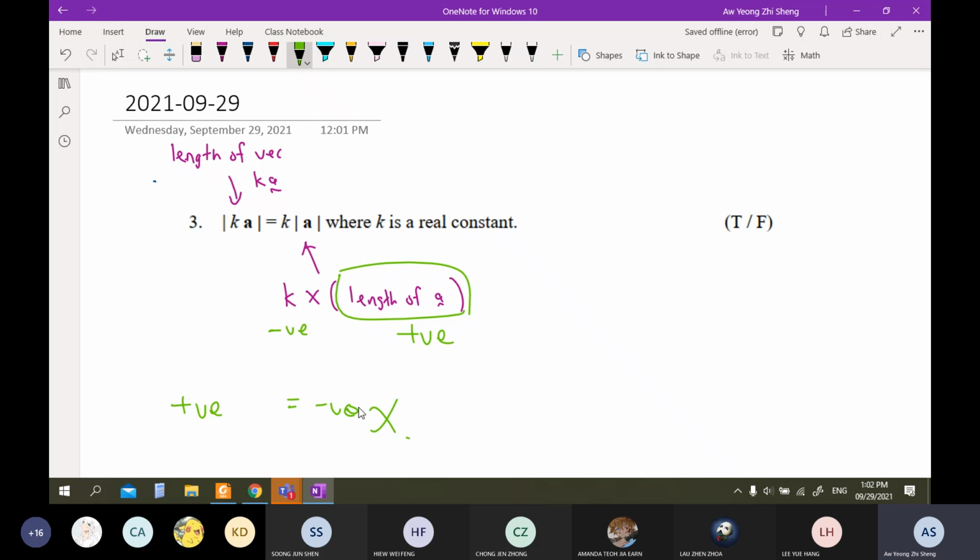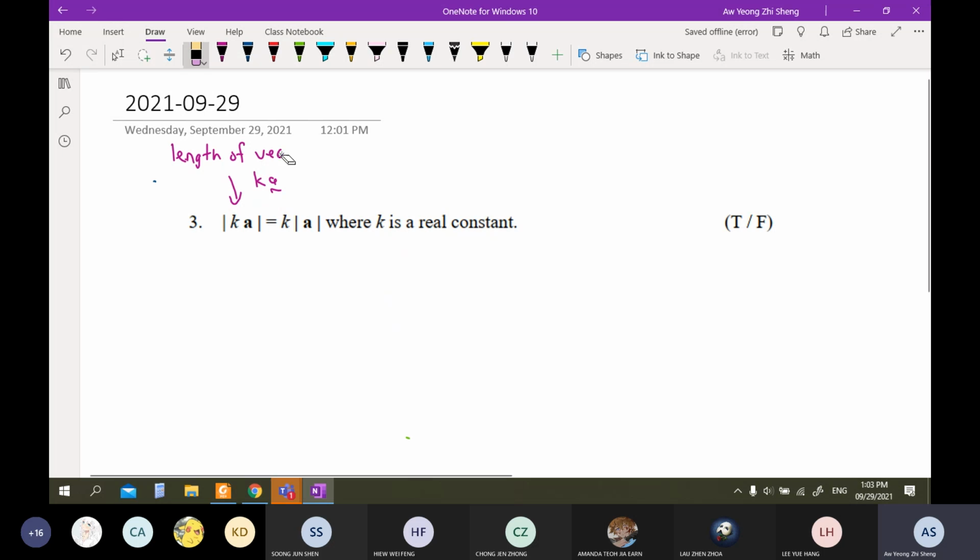So this statement is actually false. The answer is false. This statement is only true provided that K is positive. In general, this is a false statement because here they say K is real, and this equality doesn't always hold when K is real.